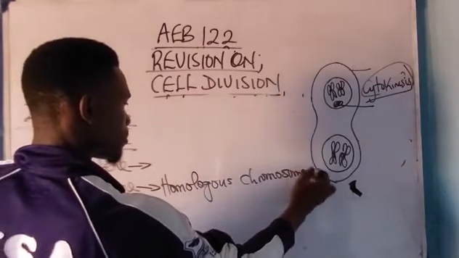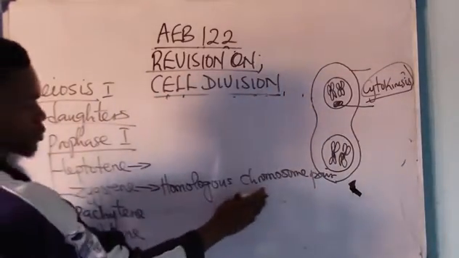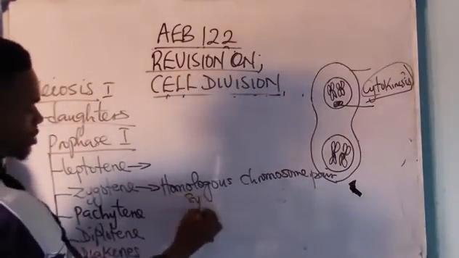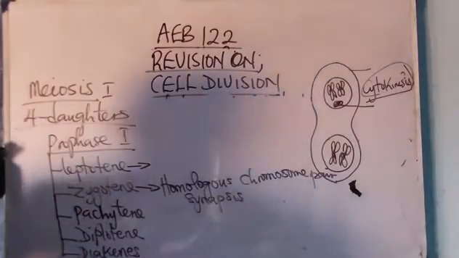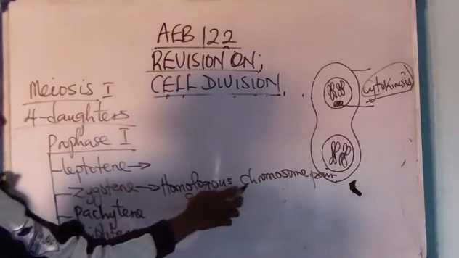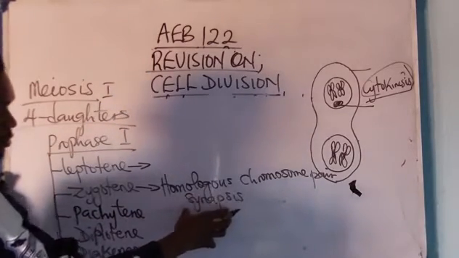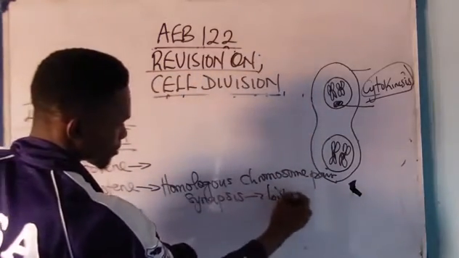There's pairing of homologous chromosomes through synapsis. Look at it, through synapsis, okay? Now, resulting in a bivalent entity. When synapsis is formed, there's a bivalent. There's formation of bivalent.